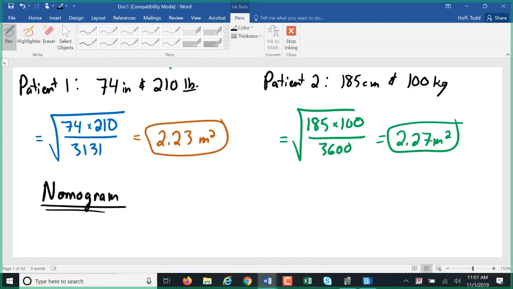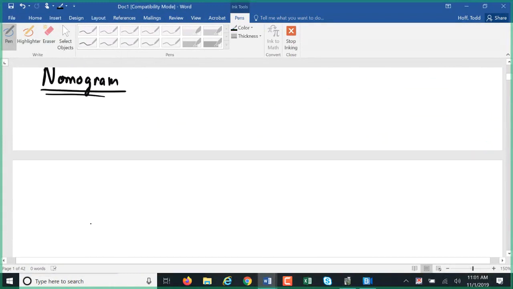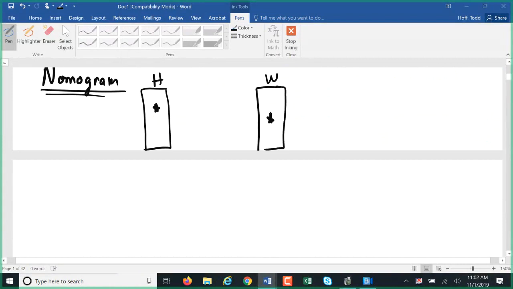A nomogram is a graphical way of calculating things, where you have 2 values. In this case, we have height and weight, and you plot them on a scale. So maybe the person has their height here and their weight there.